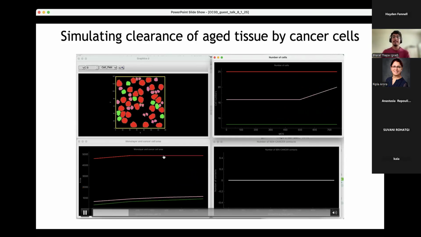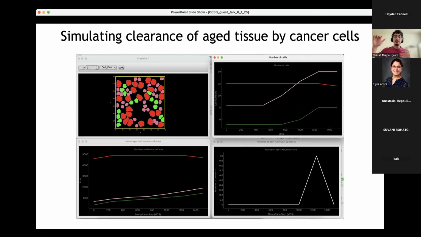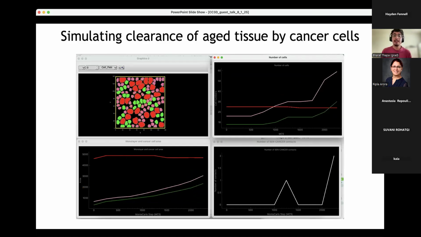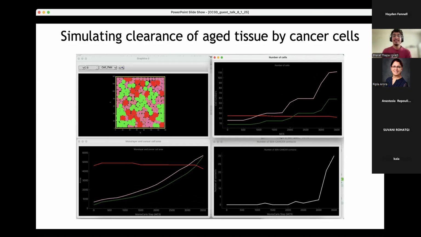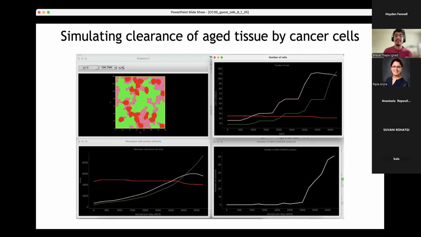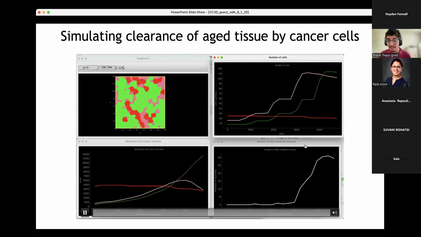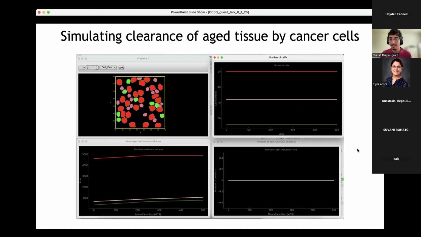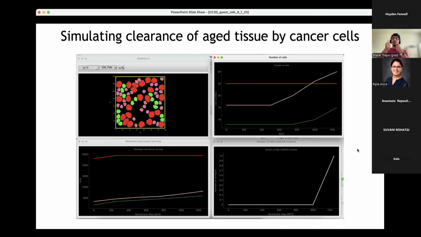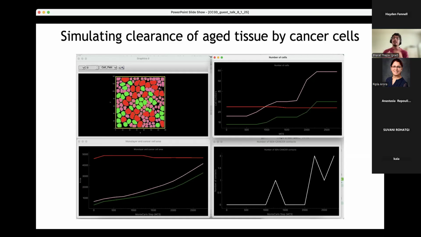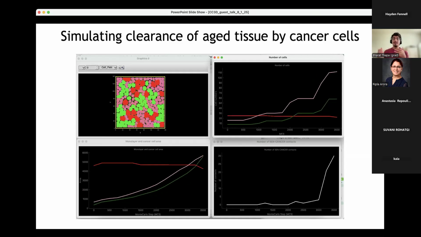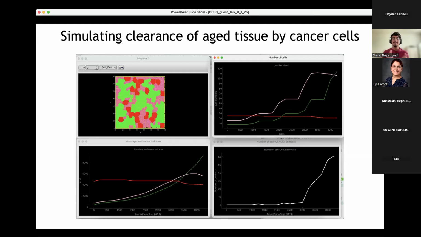We can look at the area and see which model leads to the highest amount of cancer cell area, and what kind of rules make that happen. And then we try to make sense of that experimentally, if that makes sense or not. And then we also have, this is only for fun, the number of senescent and cancer cell contacts and how that is changing in real time. If you see a lot of contacts, that tells you that there's a lot of interaction between senescent and cancer cells.